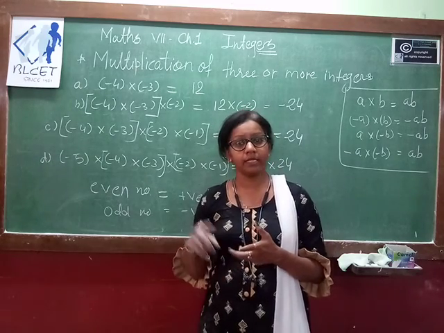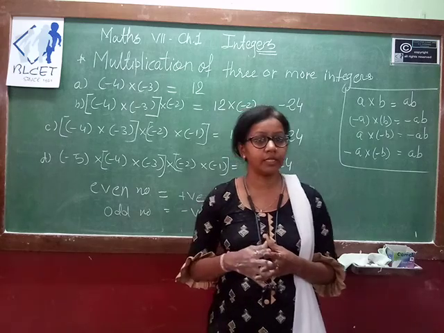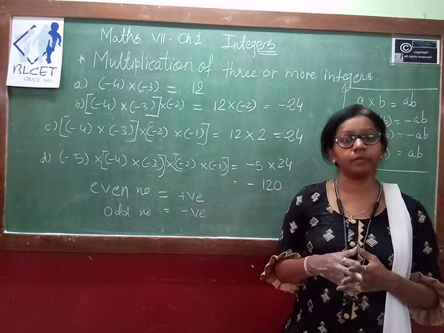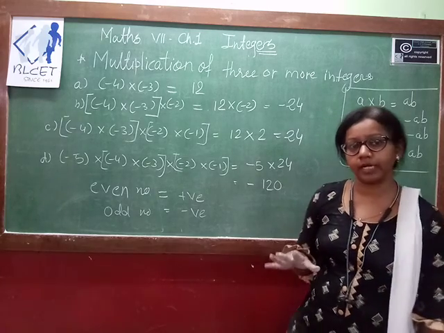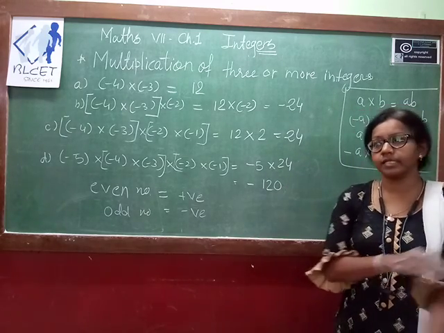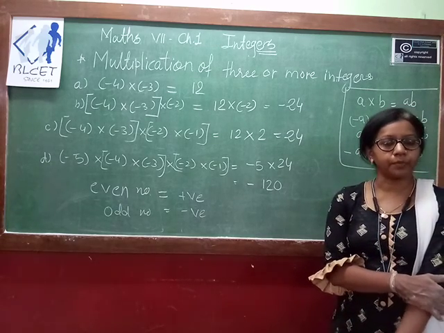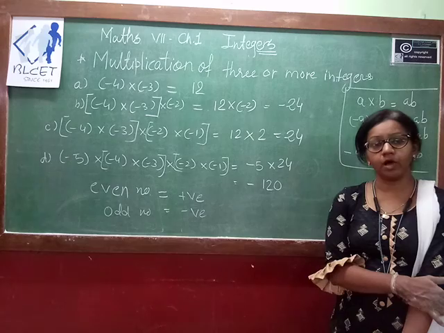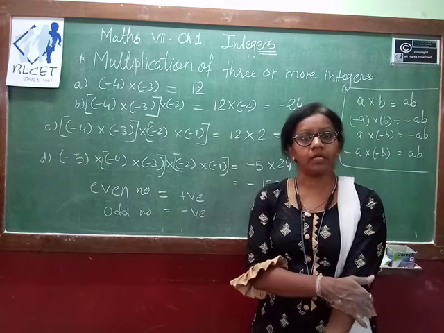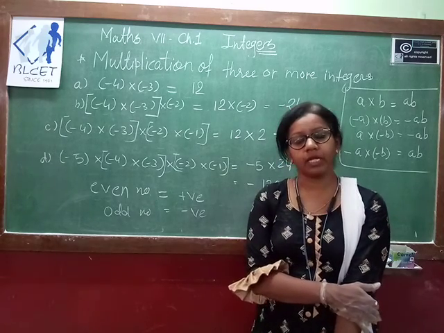Then we discuss multiplicative identity and multiplicative inverse. The same we have seen for addition and subtraction, we will see for multiplication and division, whether all the properties are closed under integers or not. And then we discuss the very important distributive property of multiplication over addition for integers. This we have learned for natural numbers and whole numbers, and the same we will discuss for integers.